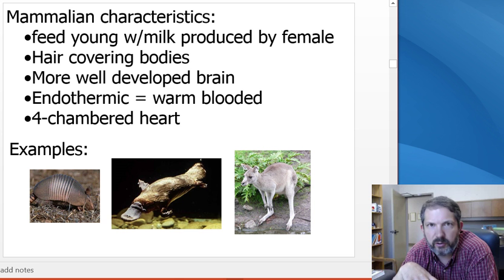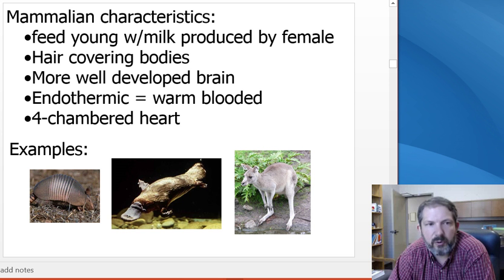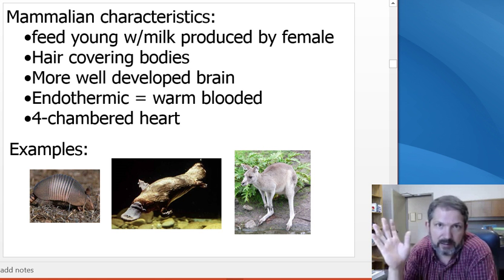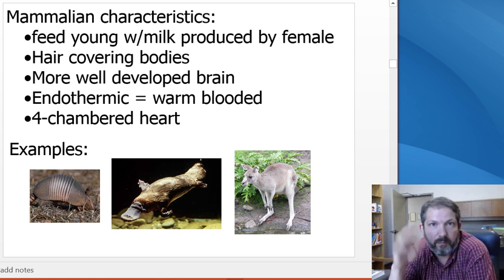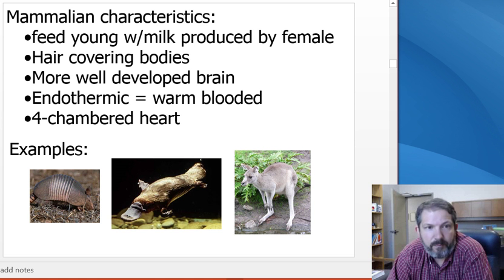Mammary glands are modified sweat glands. It's basically sweat, and you start adding proteins and fats to it and put a delivery system of a nipple. This is pretty cool. You can care for a baby outside, instead of just laying an egg and saying goodbye, good luck. It's a way to care for babies.